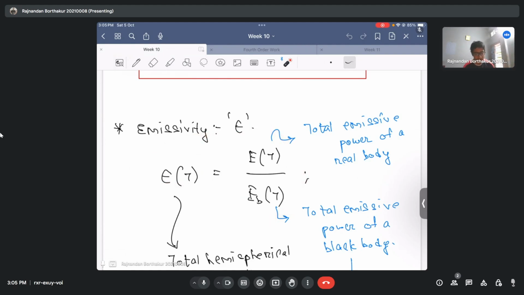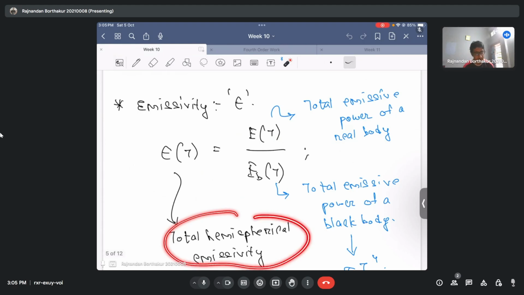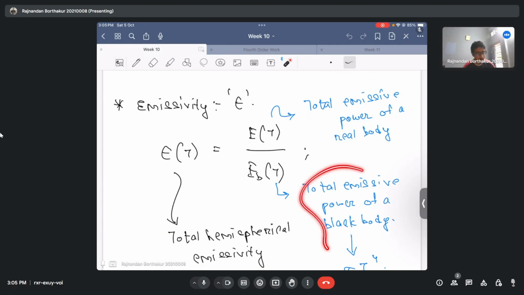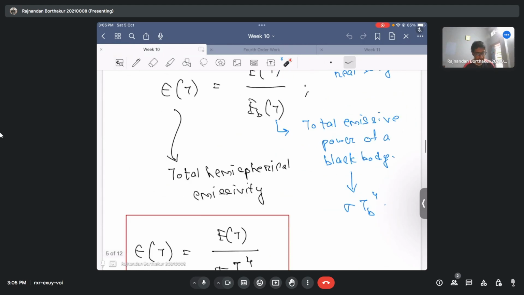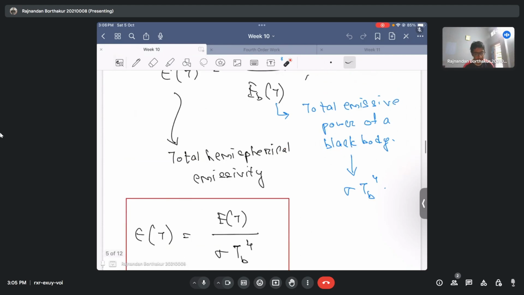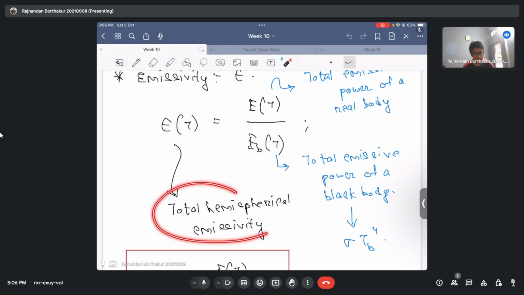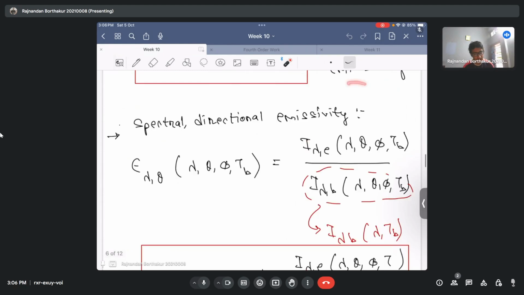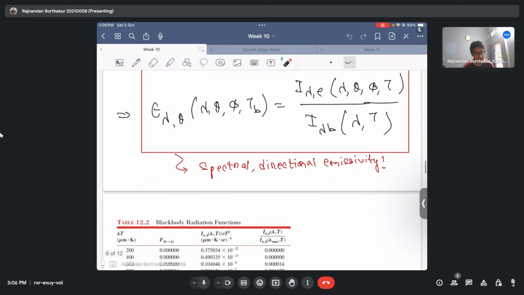We defined the total hemispherical emissivity as the total emissive power of a real body to the total emissive power of a black body, provided these two bodies are at the same temperature. Then we went on to define the spectral emissivity. These are just some basic step-down approaches that we did. So we started off by defining the total hemispherical emissivity for real bodies, then we defined the spectral emissivity, and then went on to define the spectral directional emissivity.